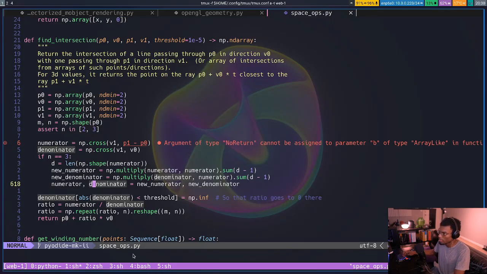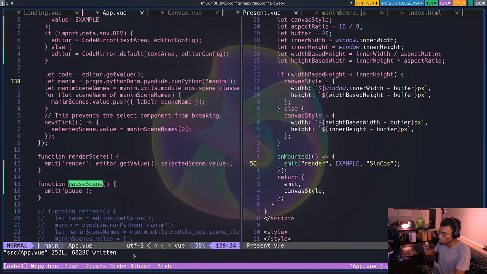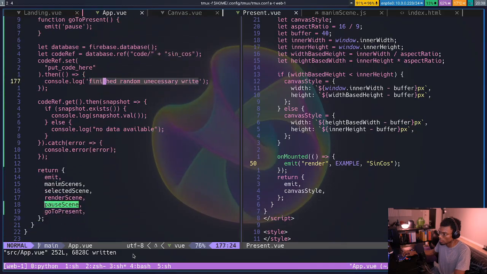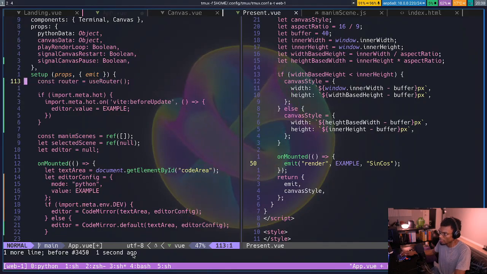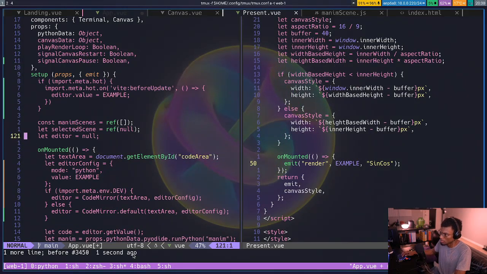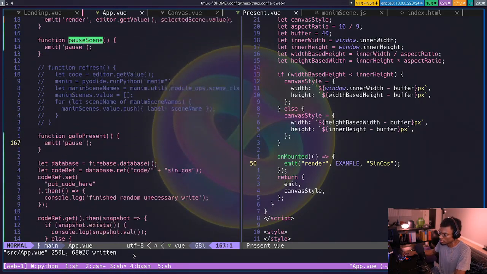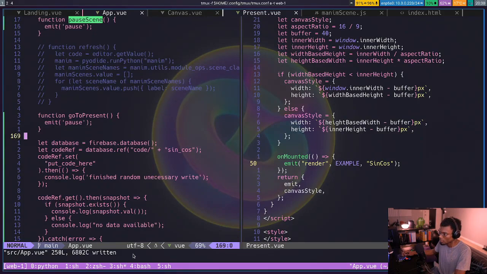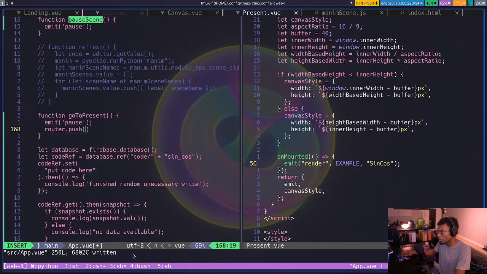Okay, so I was able to get the router object from here, but I couldn't get it within the function, I guess. But that's fine. I'll just get it here. And this one will do router.push.